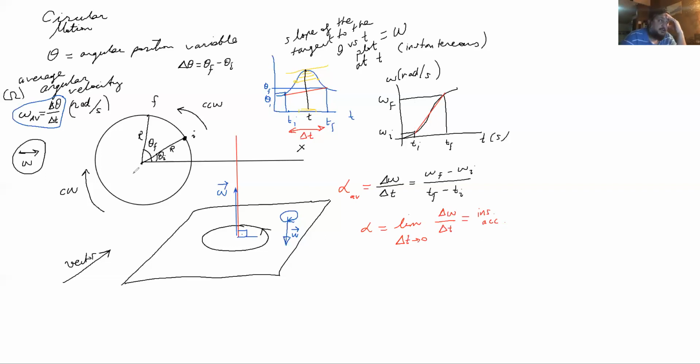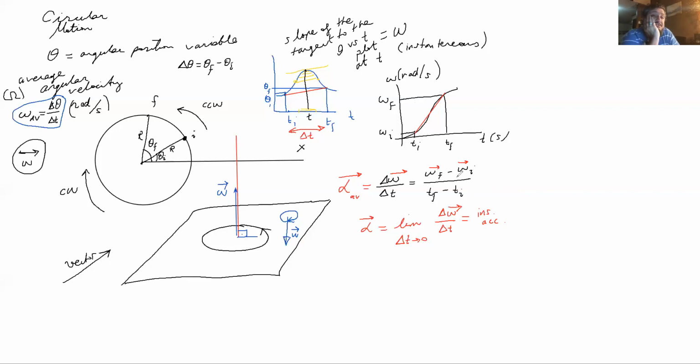Okay, so omega was a vector quantity. So is alpha. Angular acceleration is also a vector. But which direction is it pointing at? Okay, so here you see this.